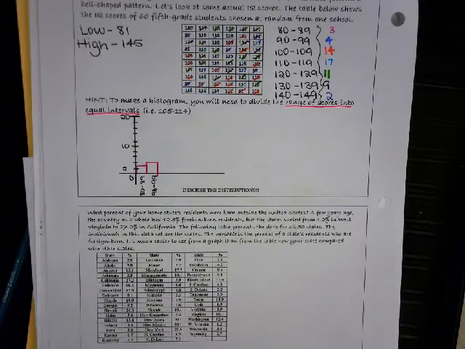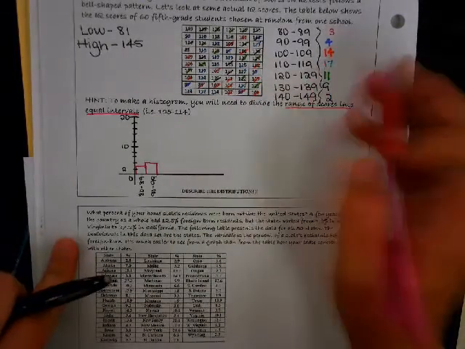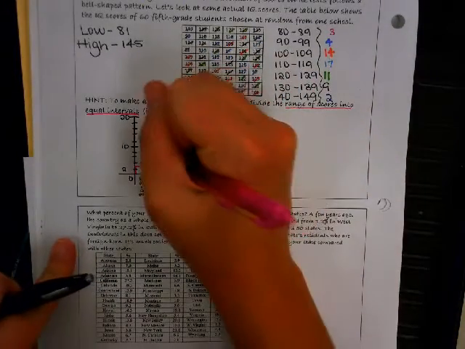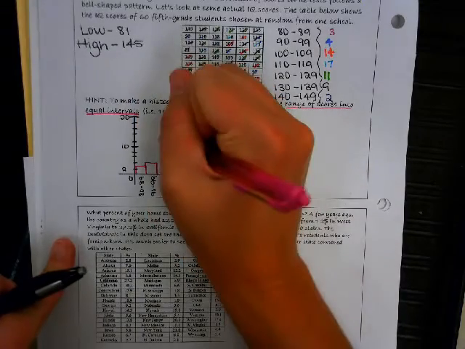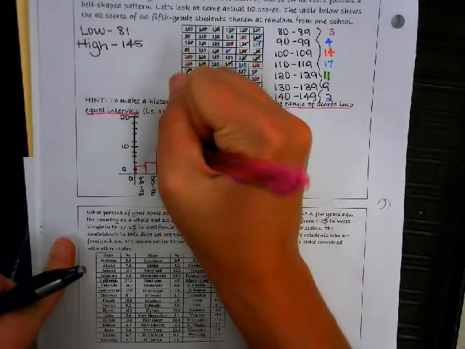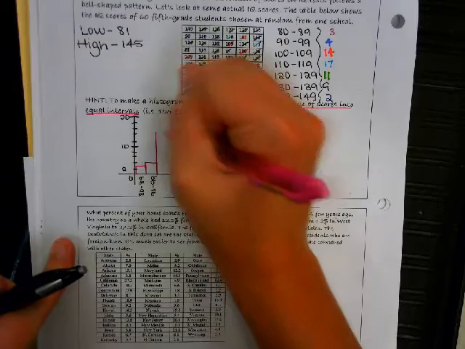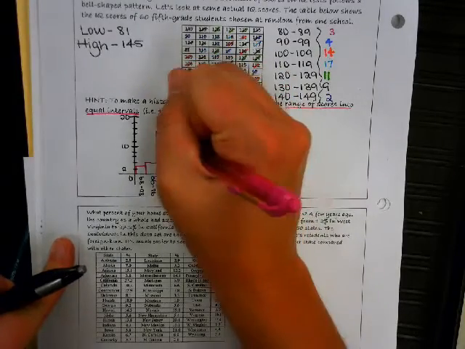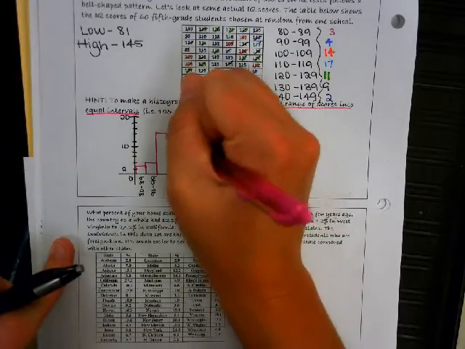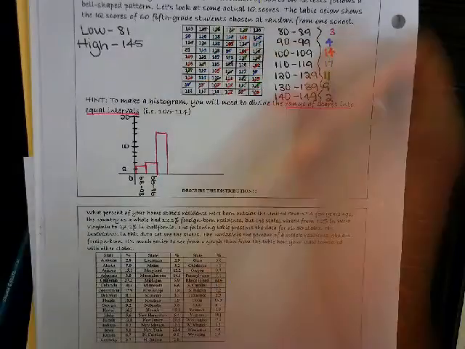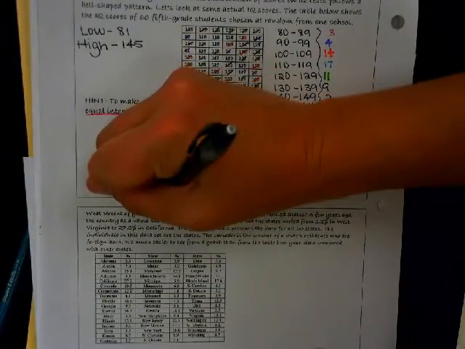Then we're going to be at 14 for 100 to 109. So 10, 12, 14. And then we're going to be up at 17 for our next one.